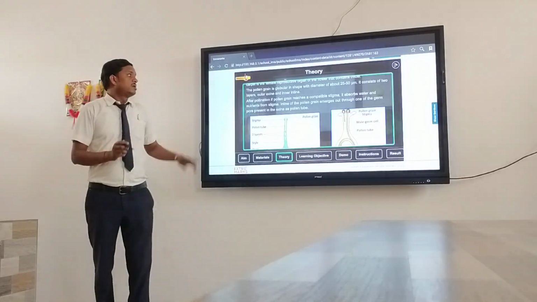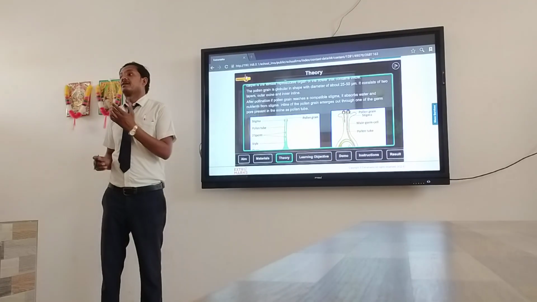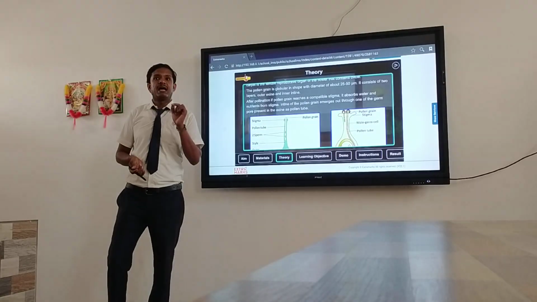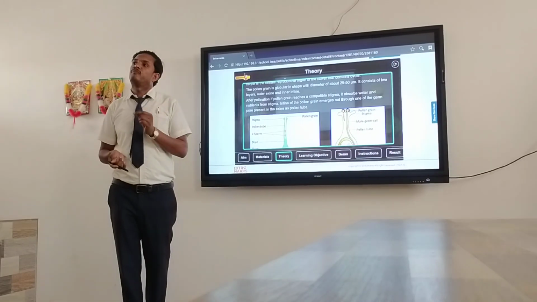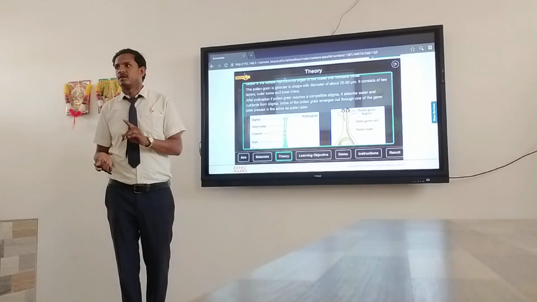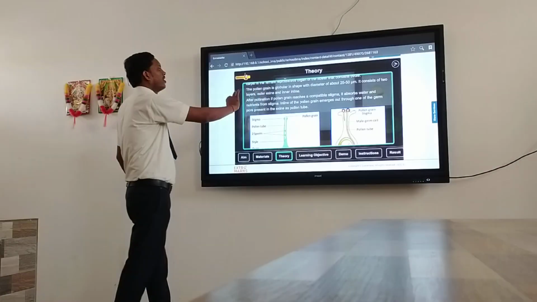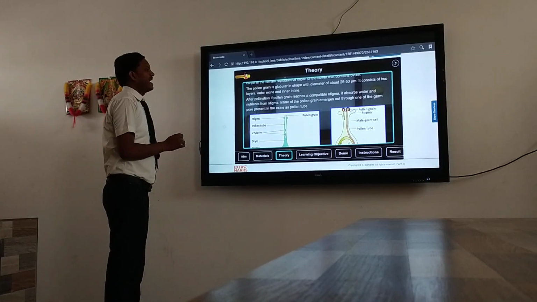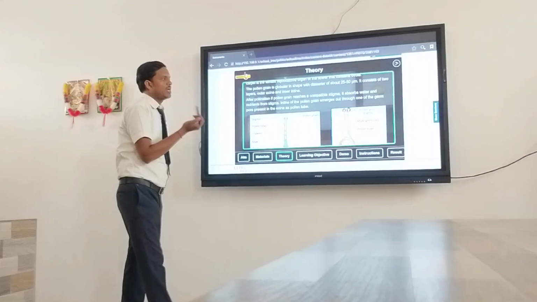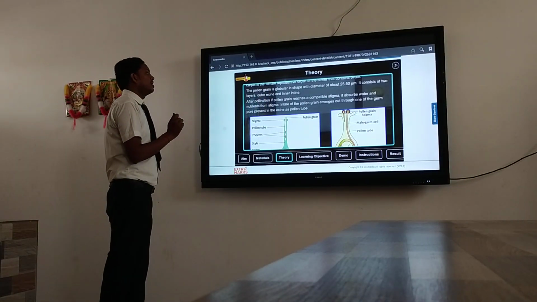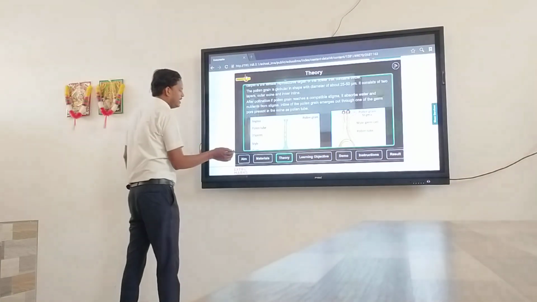No. Your stigma should be compatible, meaning it should be in favorable conditions, so that it allows the germination of the pollen tube from the pollen grain. It absorbs water and nutrients from the stigma. Now, the pollen grain emerges out through one of the germ pores present in the exine as a pollen tube.